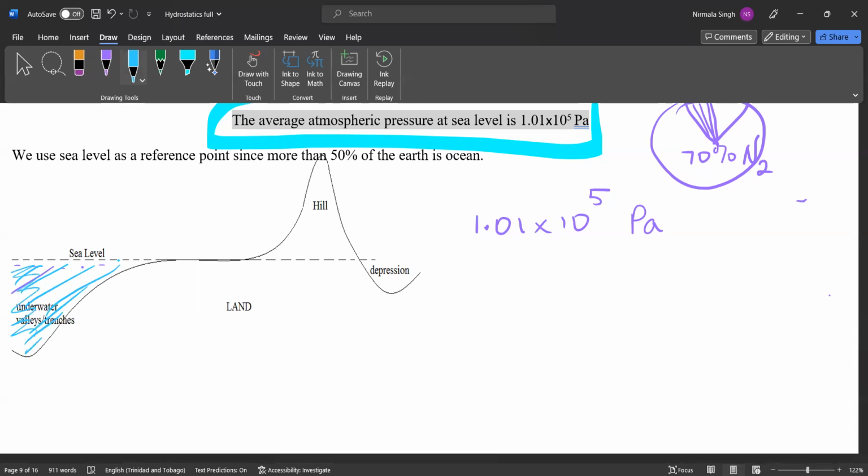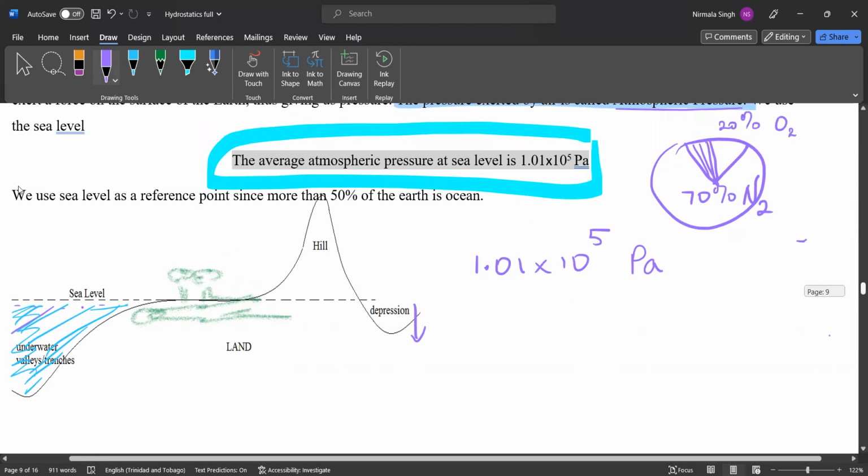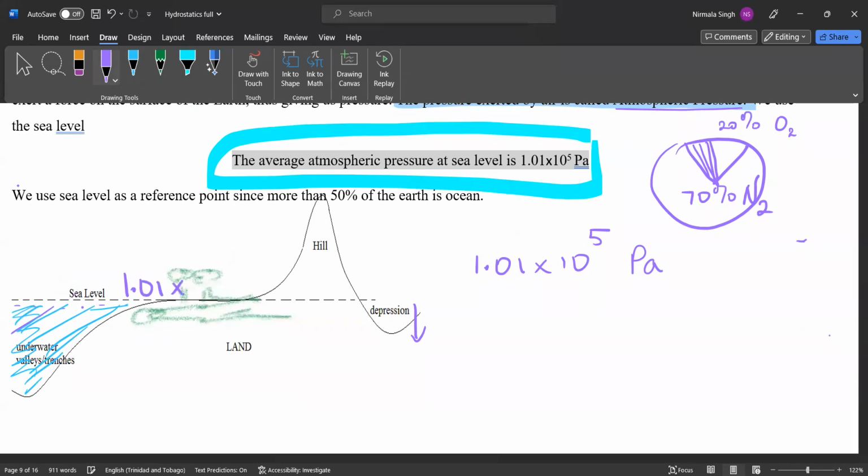We have land with trees, we have hills, and we have depressions. Depressions are areas that are below sea level but are on land. The average atmospheric pressure at sea level is 1.01 by 10 to the 5 pascals.